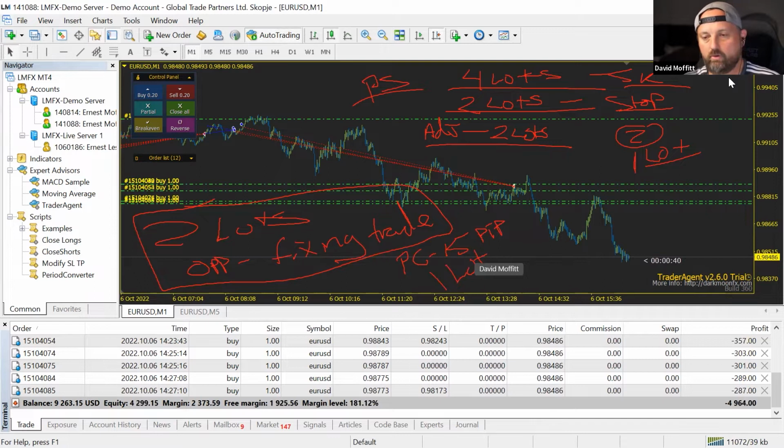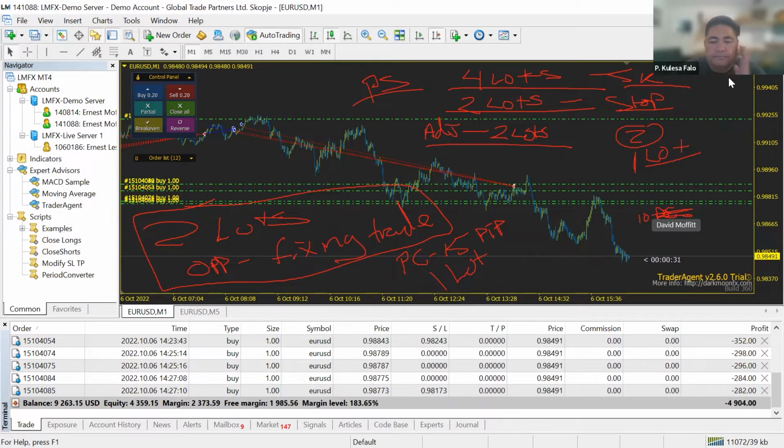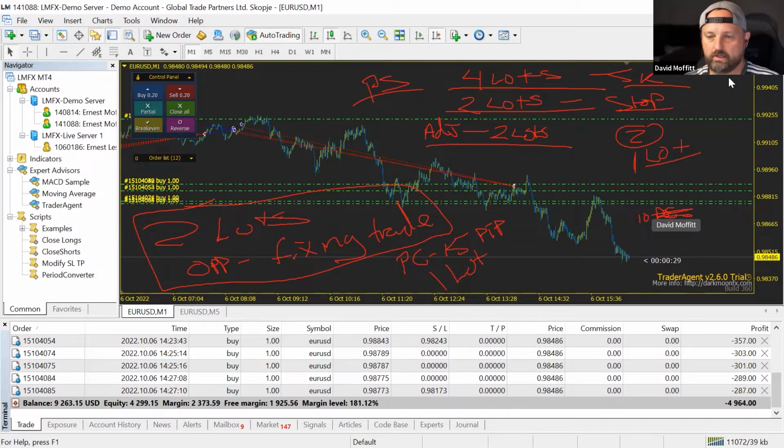And if I want you to break up that 1 lot into 10 different trades, you need to be able to do that. So 10 different trades on 1 lot would be how many, what's your trade size? 0.10.